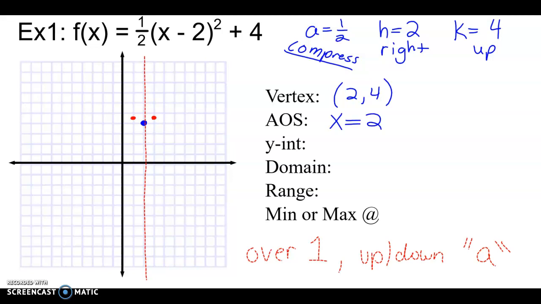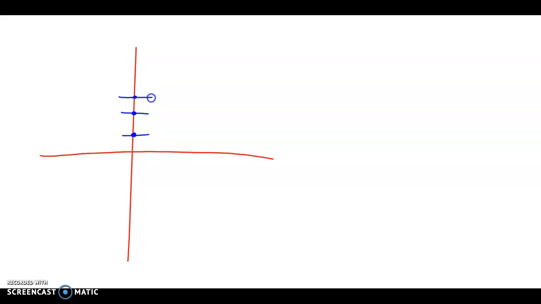Now the next thing, really the only new thing to us, I'll put this on the TV real quick, is the y-intercept. Okay? So, let's look at an xy axis real quick. If I'm on the y-axis, what is this point? 0, 1, right?